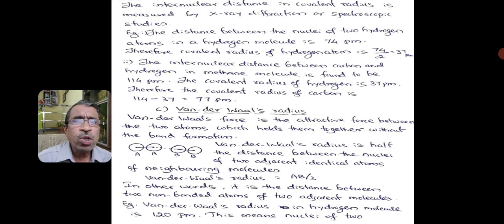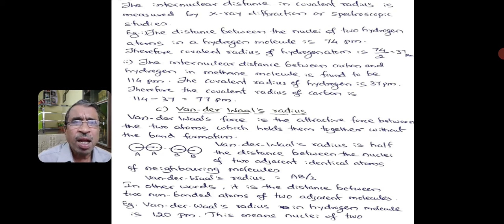Van der Waals force is the attractive force between the two atoms which holds them together without the bond formation. Van der Waals radius is half the distance between the nuclei of two adjacent identical atoms of neighboring molecules.